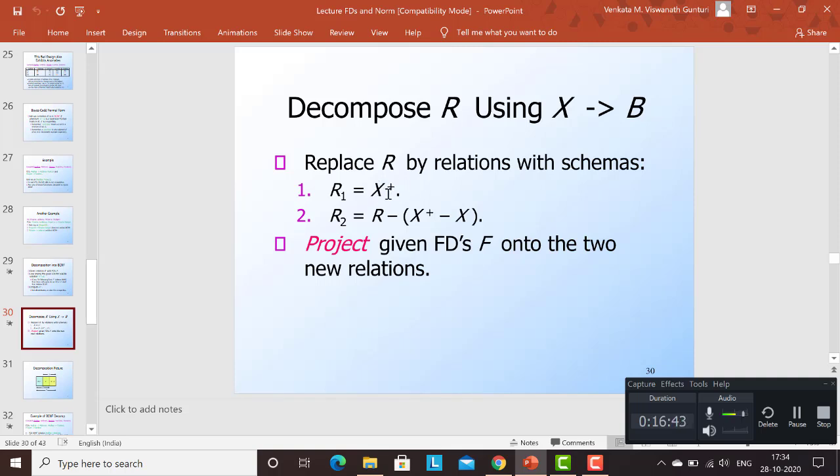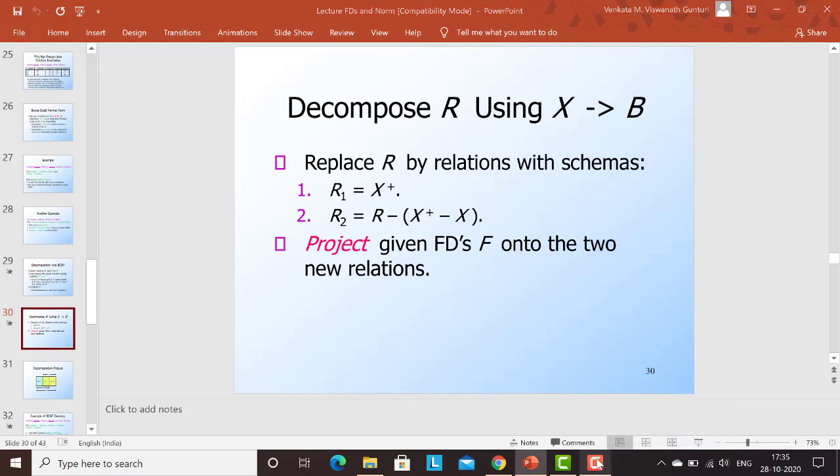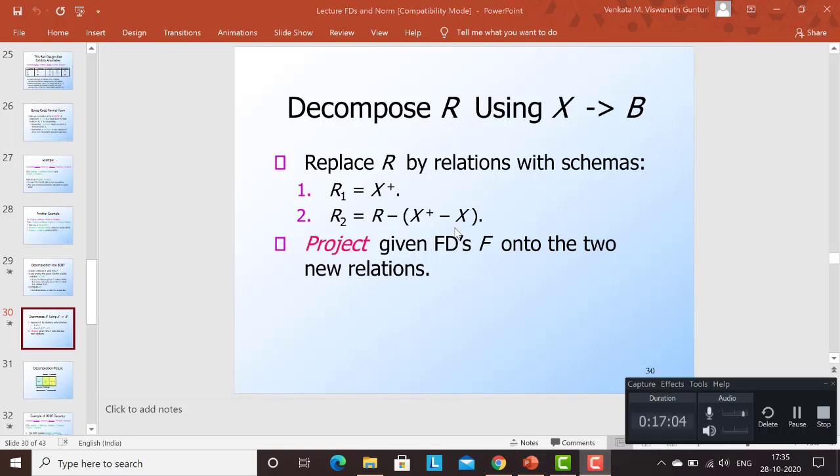Note that X plus contains X also. And then the second relation would be R minus X plus minus X. Okay, so these are the two relations which you get.